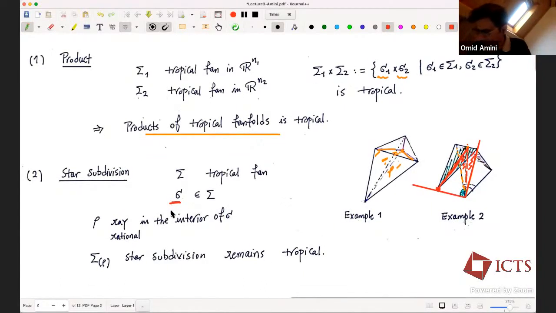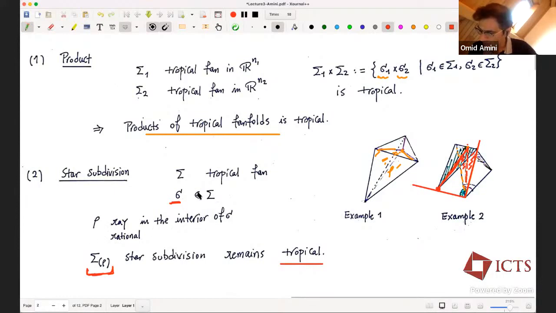And the claim is that star subdivisions are also good because if you start with a tropical fan, then the star subdivision produces again a tropical fan. So star subdivisions are tropical, and the notation is this one. I'm not sure if I'm going to use it too much today, but the claim is that this rho is in the interior of sigma.